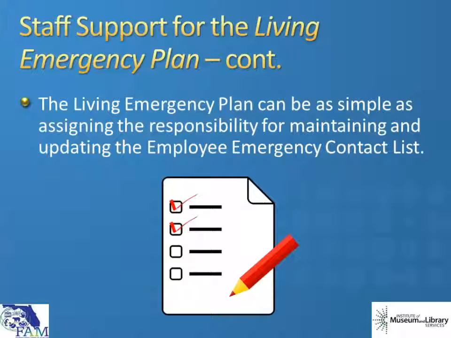She has taken ownership of that. Any little thing that can be assigned in that emergency plan as a living document, if you can identify someone who will take ownership and take pride, it is wonderful. I think we can all agree it's good to have one person that you just know is going to get the job done.